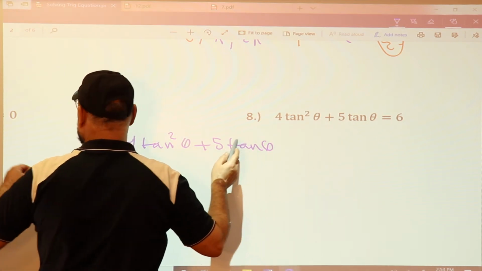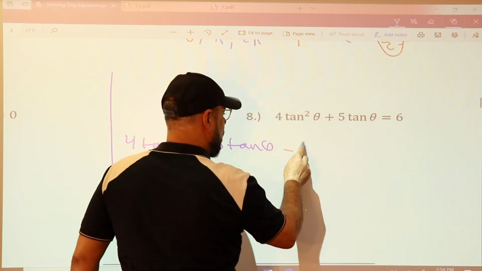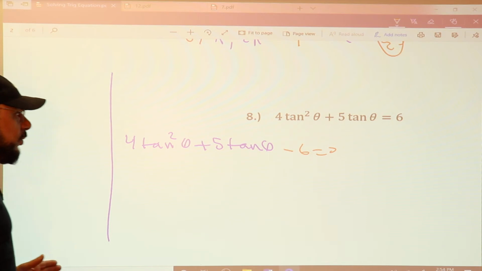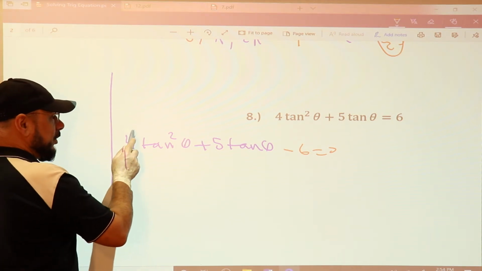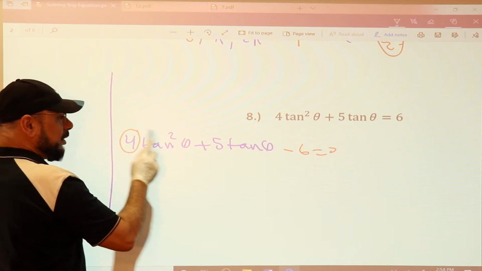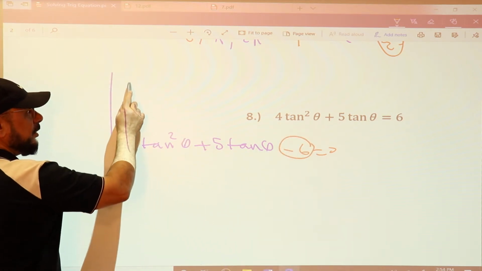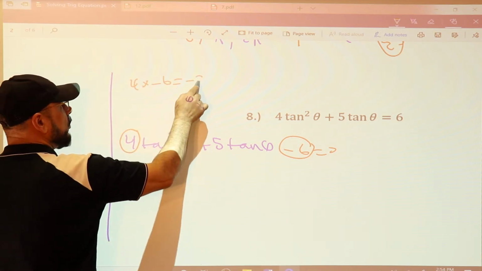When you move the 6 to this side, it becomes minus 6 equals 0. Good? Now we need to factor it. I have my way, the AC method: this 4 and this negative 6. Multiply 4 times negative 6, negative 24.